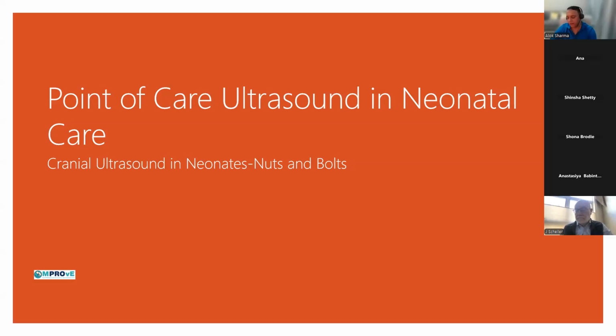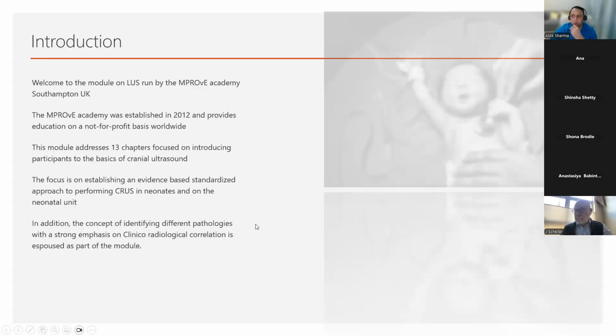Nuts and bolts. So, very important from our perspective that you are attending the cranial ultrasound module. We've previously run a lung ultrasound module, but an introduction to the Improve Academy. We're a not for profit. We don't run this for a profit. But in essence, any monies that are received by us are actually reinvested back into providing education for low and middle income countries.